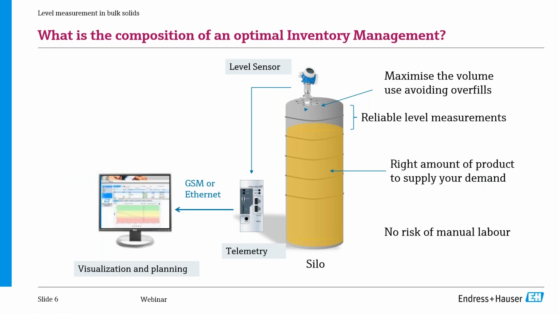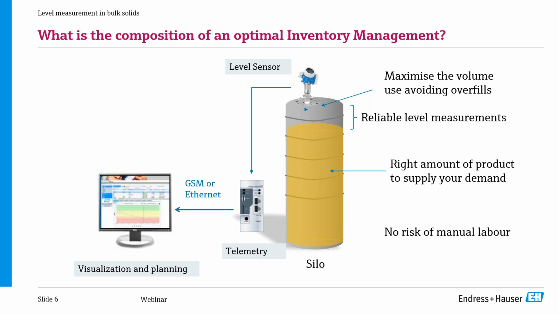So what is behind an optimal inventory management? I have a couple of comments on what we consider optimal inventory management. The first one is you must be able to maximize your operational volume at the same time as you avoid overfills. You must have a transparent view of your silo measurements, not only for production, but also for order handling and maintenance.